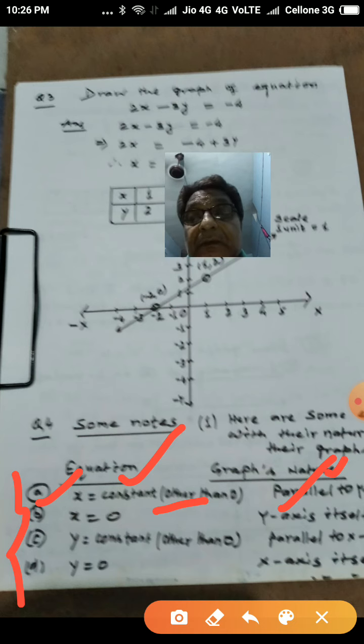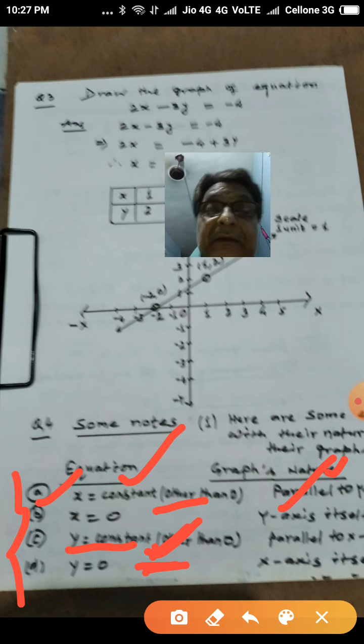Here you just notice that when a constant value is given for x in our equation, the graph will come parallel to the y-axis. Similarly, in the third case you see, to draw the graph of y equal to any constant, say y equal to 2, minus 2, 3, 5, any constant other than 0, since here the equation is y equal to constant, the graph will come parallel to the x-axis.